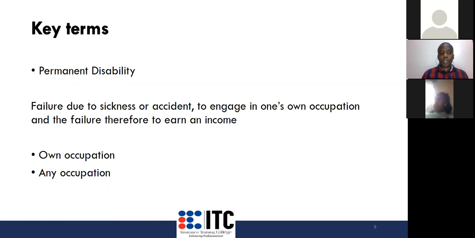But if it had the term any occupation, it means even though you can no longer sing, you can still use your hands to, say, carry for manual labor or for anything else. So it depends on how it's defined in the policy, but we are looking at it specifically as a result of a sickness or a disease. Someone fails to be engaged in their occupation or fails to earn an income.